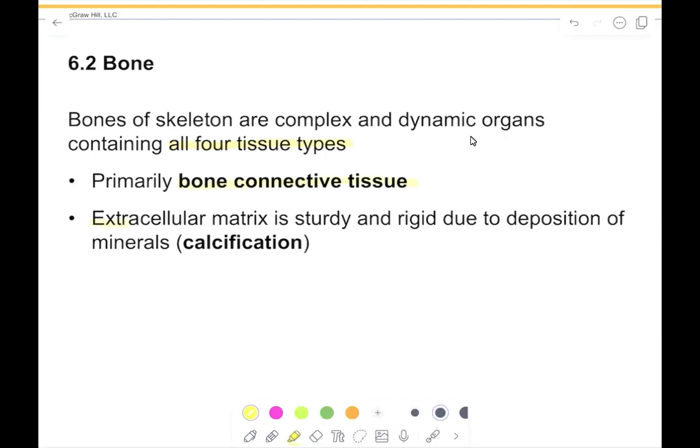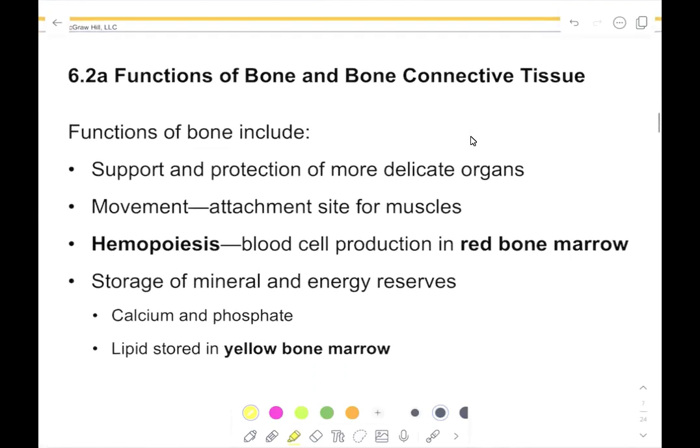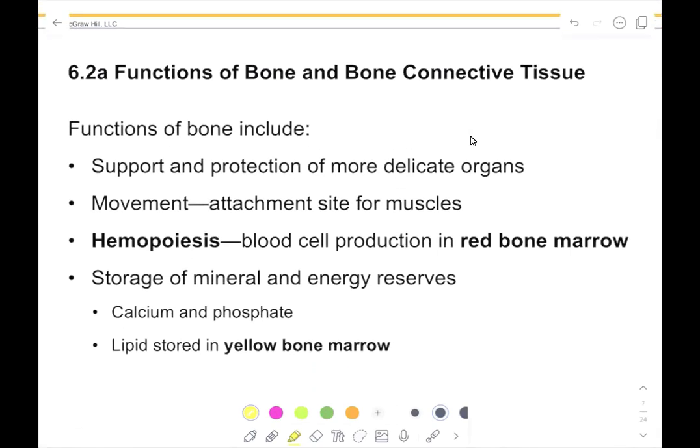The extracellular matrix, which is found in connective tissue, is sturdy and rigid due to deposition of minerals, and that process is called calcification. Functions of bone include support and protection of the most delicate organs.